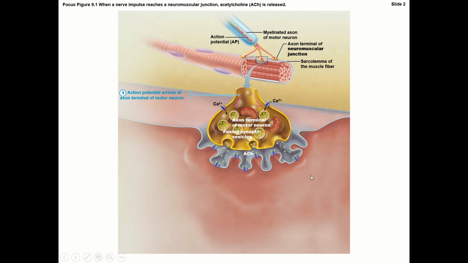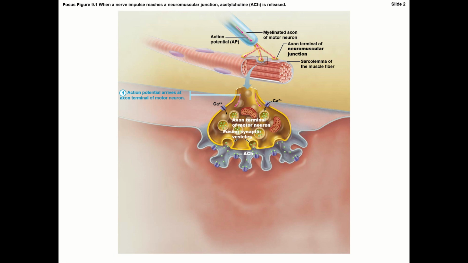And then as more sodium comes rushing inside, -60. More sodium comes rushing inside, -55. And then once we reach that threshold voltage, again, probably somewhere around -55 to -50, once the inside of the cell becomes positive enough in this area, it'll open up some other channels right here, which are not pictured on this drawing, but I'll show you a different diagram in a second.